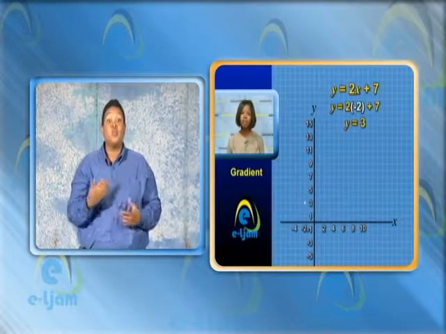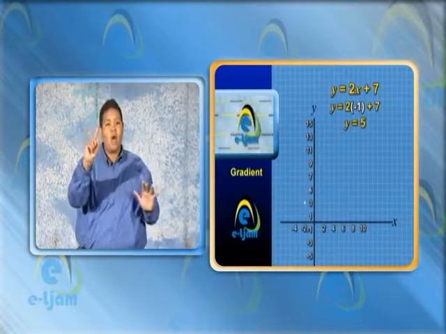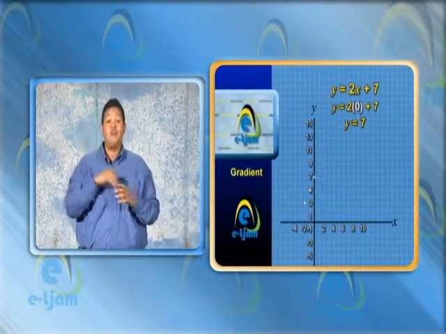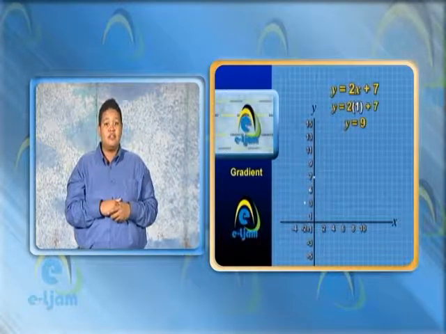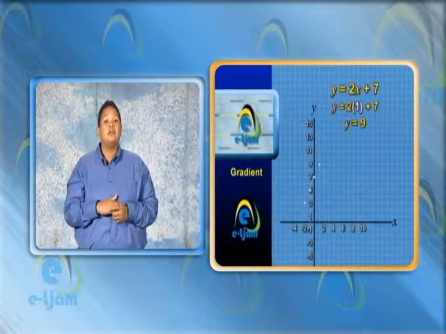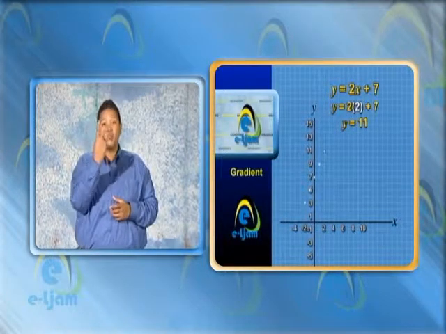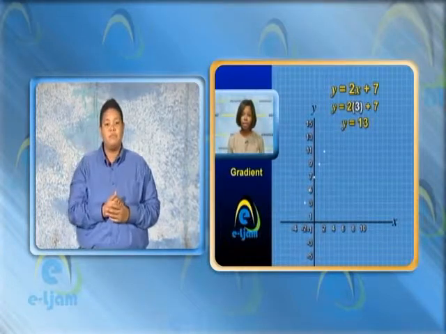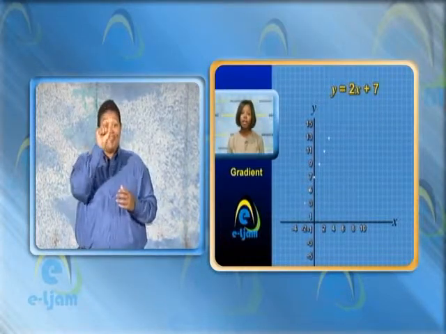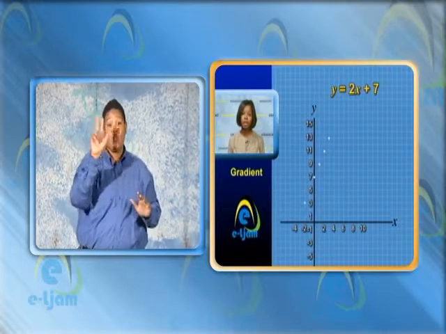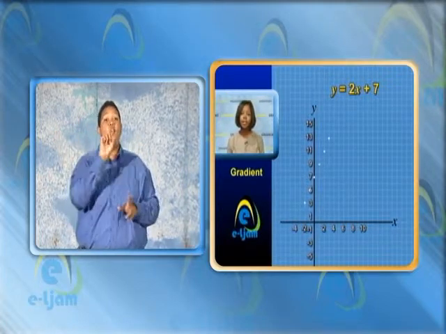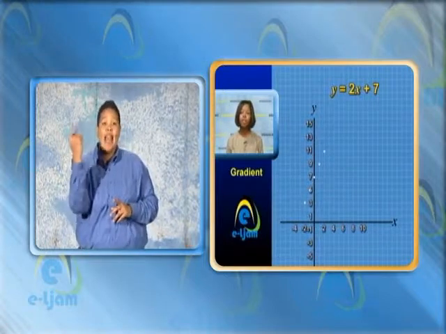We do the same for -1, 0, 1, 2, and 3. So our coordinates are (-2, 3), (-1, 5), (0, 7), (1, 9), (2, 11), and (3, 13).